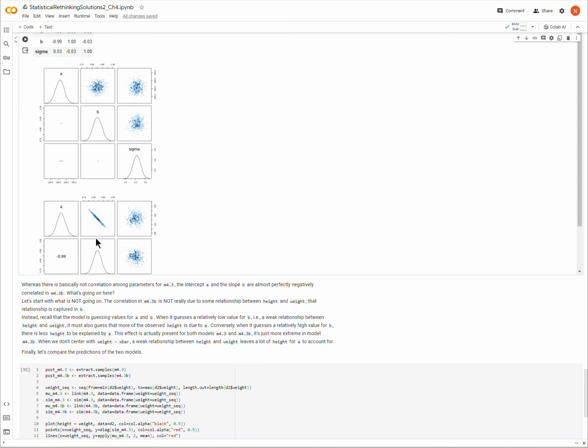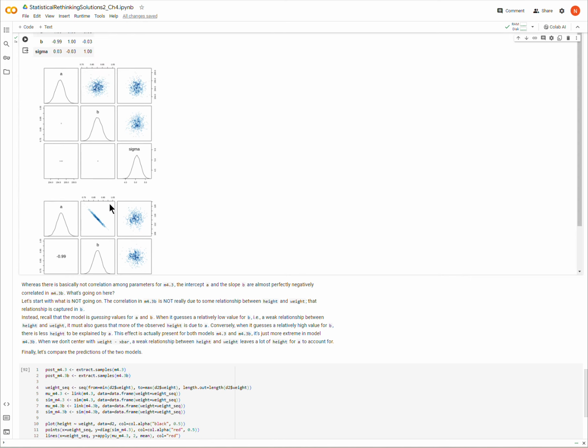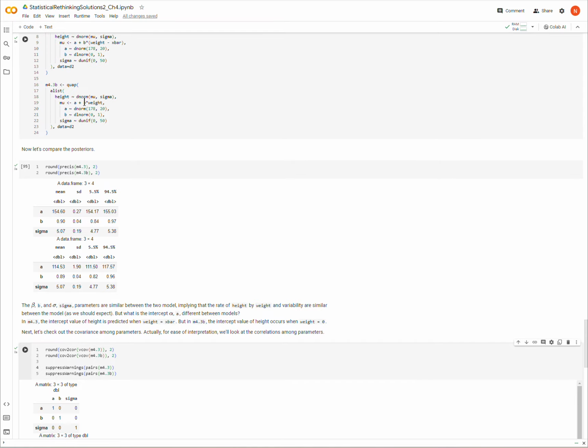So what's going on here is something like this. Let's say that beta is low. Let's say that we have a low value for beta right here. In other words, the relationship between height and weight is weak.